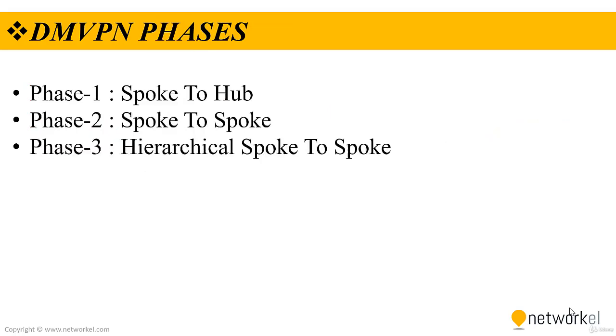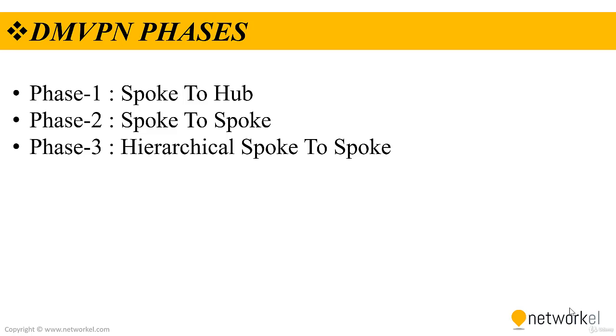DMVPN was released in 3 phases, and each phase was built on the previous one with additional functions. All 3 phases of DMVPN need only one tunnel interface on a router, and the DMVPN network size should accommodate all the endpoints associated to that tunnel network.